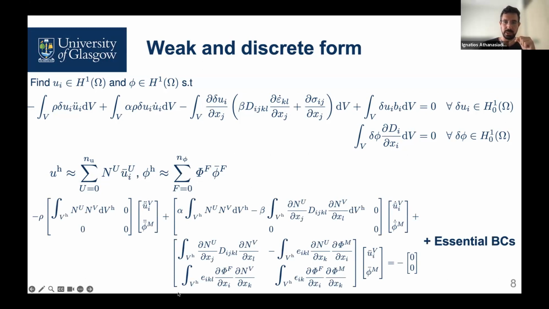We end up with a coupled system of equations that take into account the second derivative in time, the first derivative in time, and the actual fields to solve. And we are solving this in time, taking into account some essential boundary conditions. So in order to be able to solve this problem, we need to fix some of these fields in order to make sure that our specimen, our numerical specimen, does not fly away.